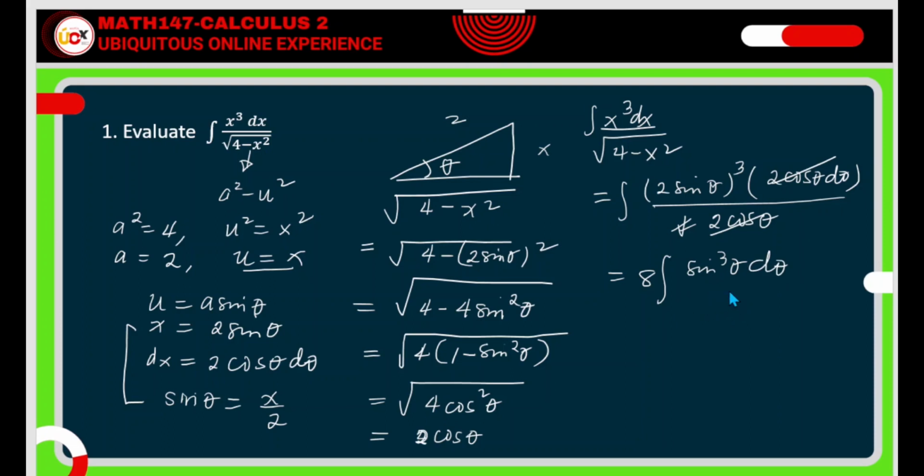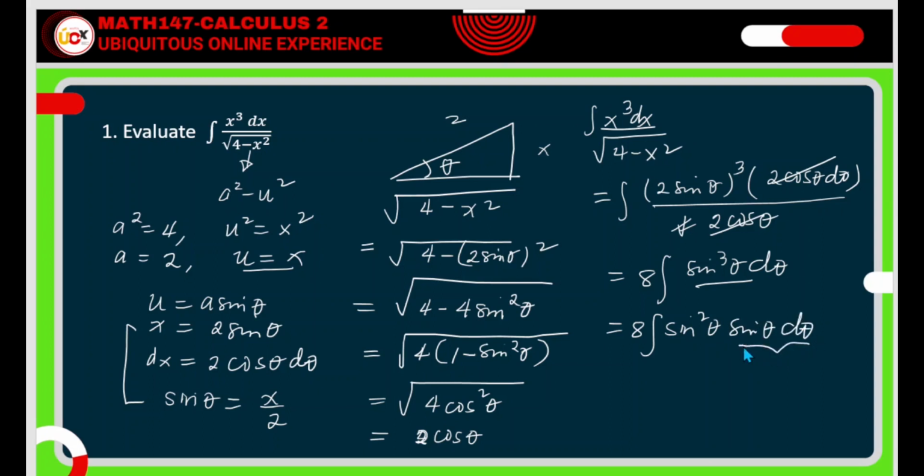Recall that the resulting integrand can be integrated by using the trigonometric transformation, wherein we rewrite sine cube theta as the product of sine squared theta and sine theta.